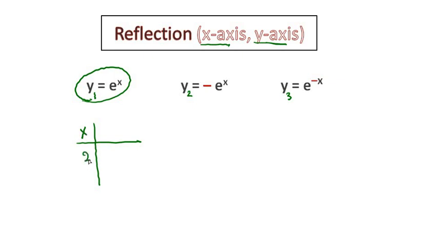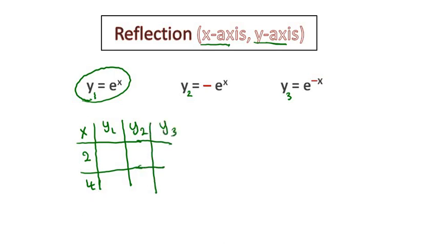Let's try that for x equals 2 and x equals 4, for example. This is y1 and this is y2 and this is y3. E to the power of 2 is, by the way, e is Euler's number. It is about 2.72. You find it in your calculator as e. E squared is about 7.4, while e to the power of 4 is about 54.6.